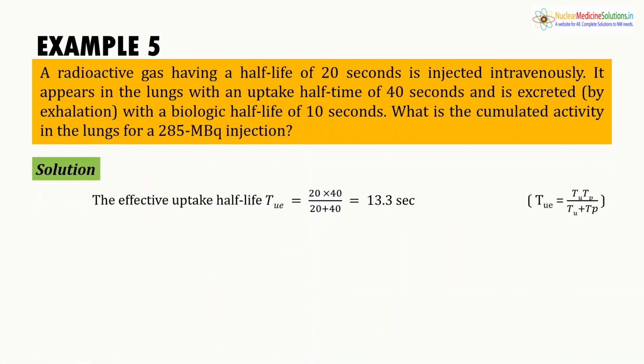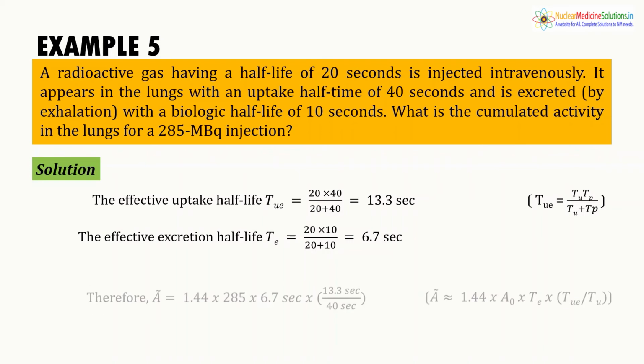First we will have to calculate the effective uptake half-life, that is TUE, which will be equal to 20 into 40 divided by 20 plus 40, which is 13.3 seconds. Then we calculate the effective excretion half-life, that is TE, which will be equal to 6.7 seconds.